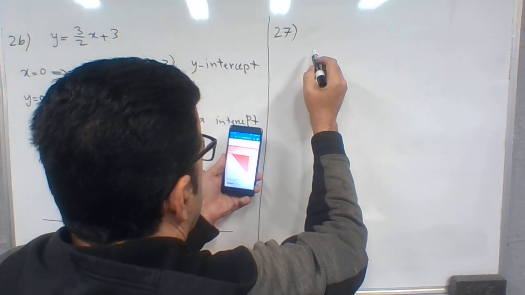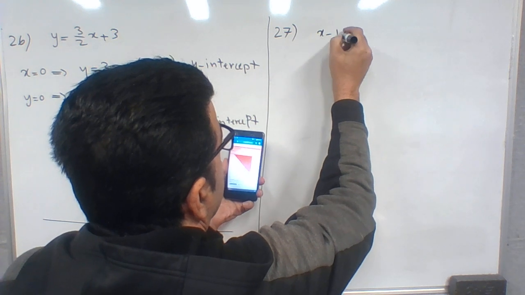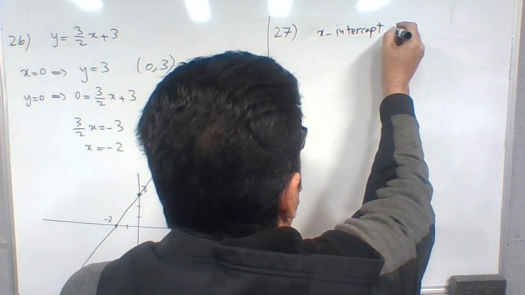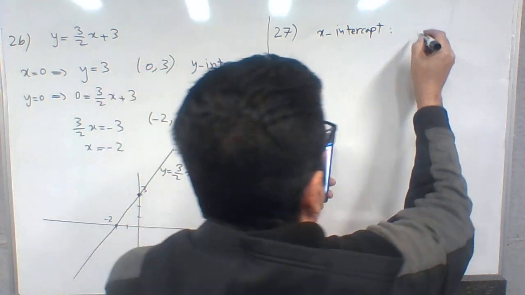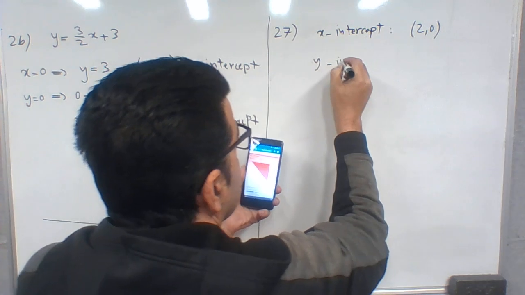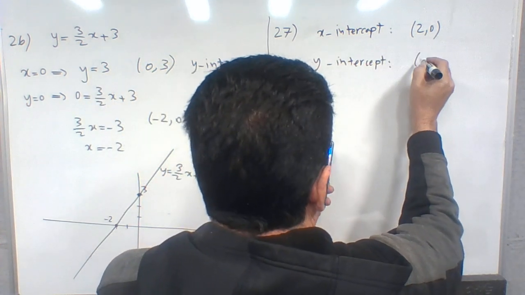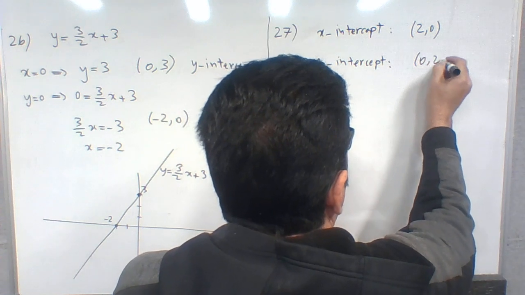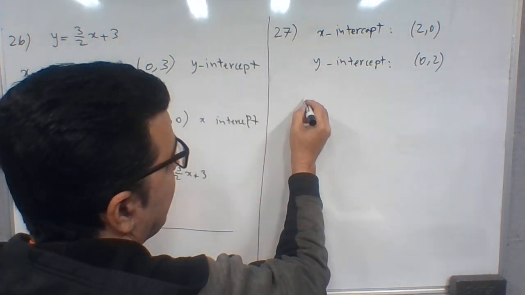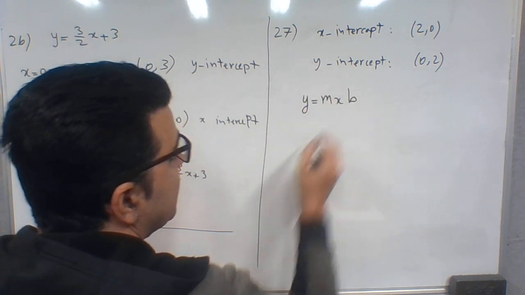The x-intercept is (2, 0), and the y-intercept is (0, 2). Assume this is y equals mx plus b.